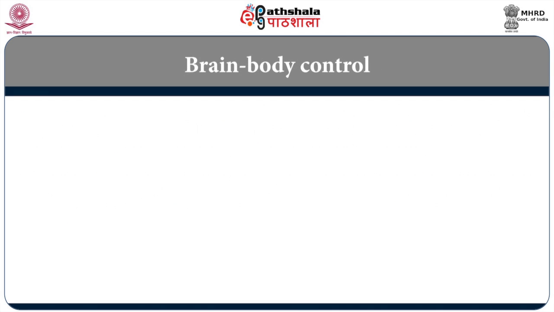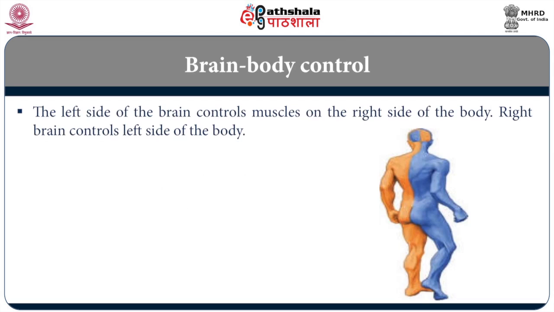In addition to this sharing of cognitive functions, the right and the left hemisphere also control the body in a contralateral way. As you can see from the picture on the screen, the right hemisphere controls the left side of the body and the left hemisphere controls the right side of the body.